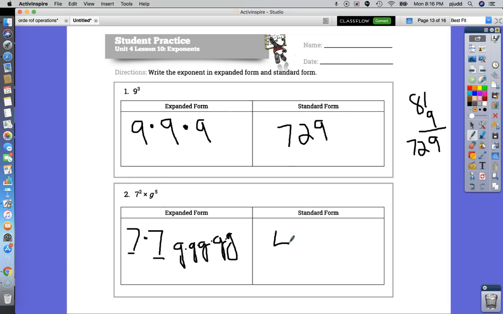That is going to be 49. I can give it numerical standard form. G to the fifth power, I cannot. I don't know the value of G. So until I find out the value of G, that's going to remain G to the fifth power. Okay.